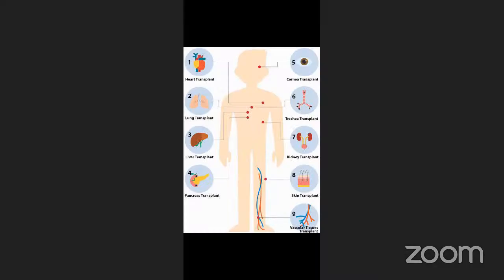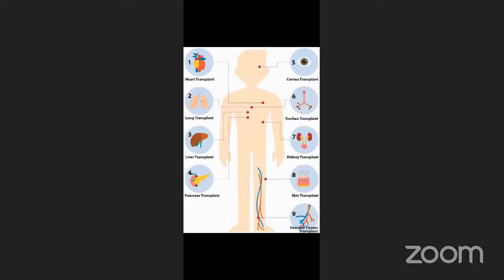Whenever damage or dysfunction of an organ is seen in a person, those organs are replaced with the help of transplantation technology. The heart can be replaced whenever heart vessels or heart valves get damaged. Eye cornea, lung and tracheal transplants are possible, and liver and kidney transplantation are done frequently.